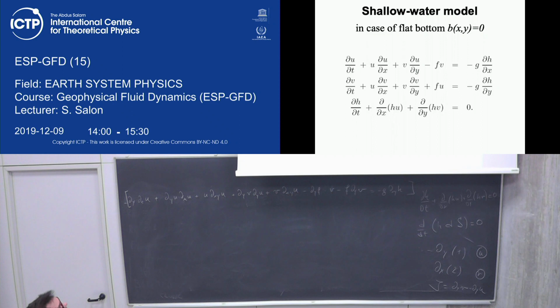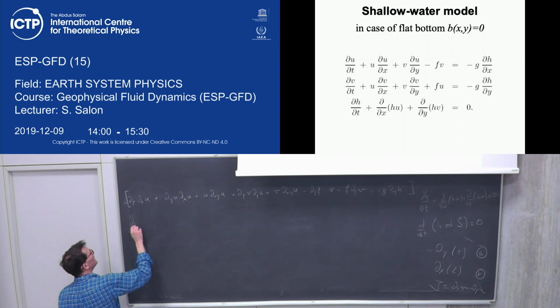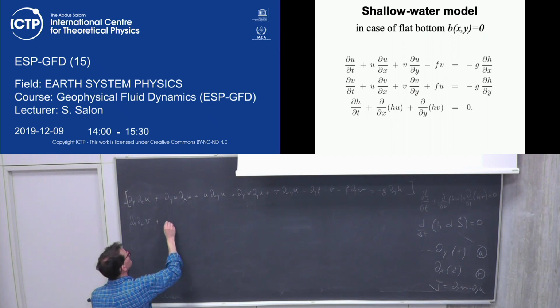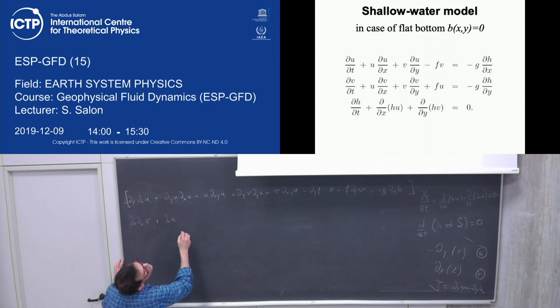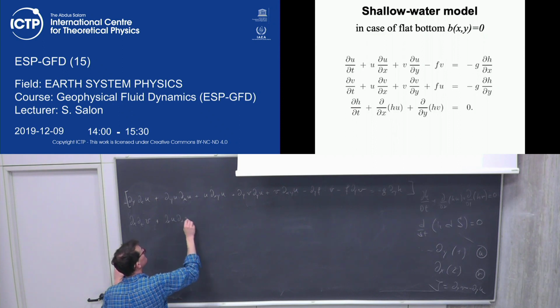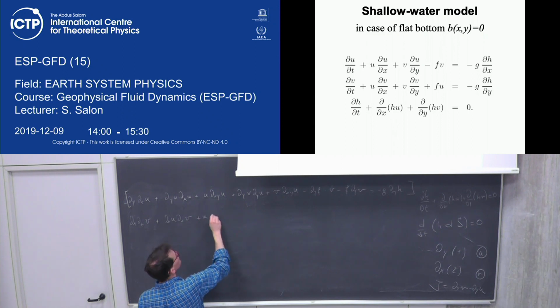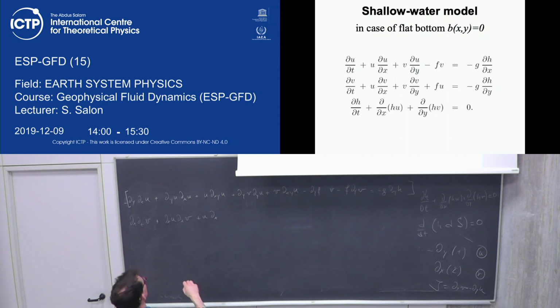Okay. Now x. So we have the x derivative of d t v plus d x u d x v plus u d x squared v.